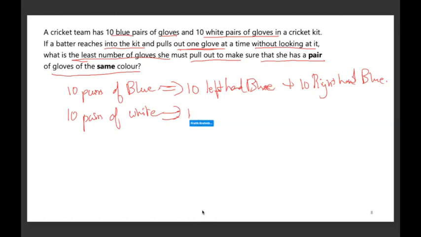Also, there will be 10 left hand white gloves plus 10 right hand white gloves, right?